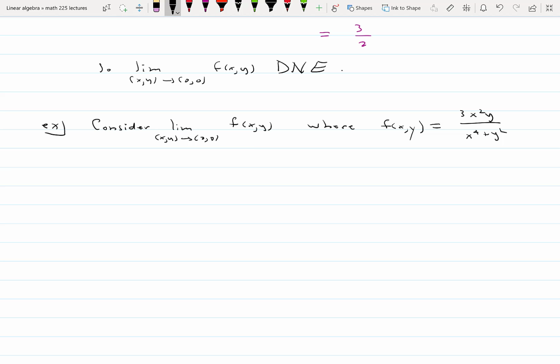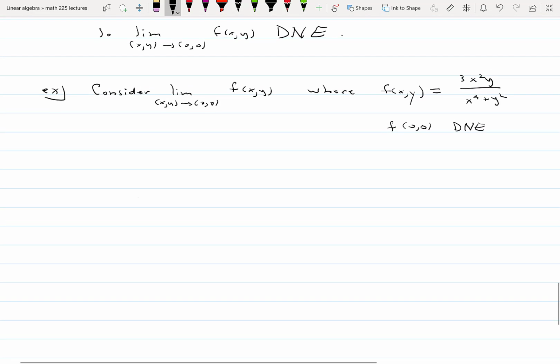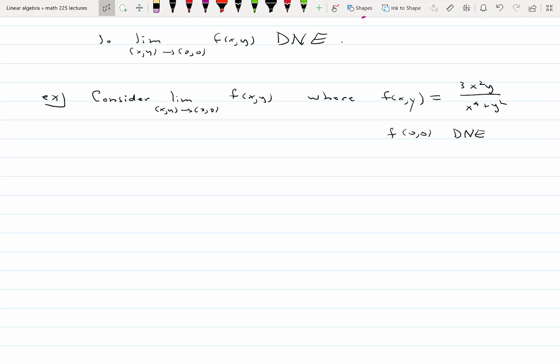Clearly the value of the function at the origin doesn't exist. So this is a potential limit that might not exist. The value of the function doesn't exist at the origin, so we may or may not have a limit here. Let's try letting x and y approach 0 along the x-axis. Off to the side here, I'm going to draw just the xy plane to indicate the different pathways along which we can approach the origin.